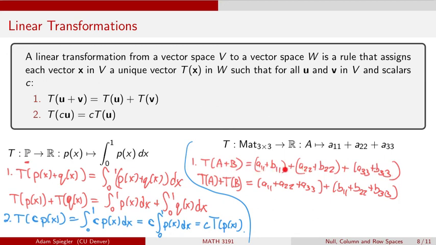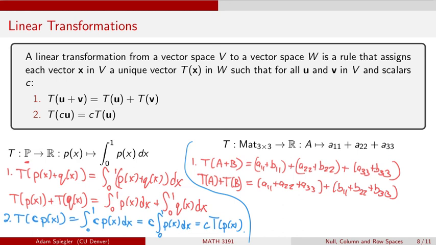That's where the sum on the right side comes from. Just by rearranging these terms, we can see that this is equal to what I would get if I took the transformation of A, which is A11 plus A22 plus A33, plus the transformation of B, which would be B11 plus B22 plus B33. So yes, the addition property works: we can split up addition through this map.